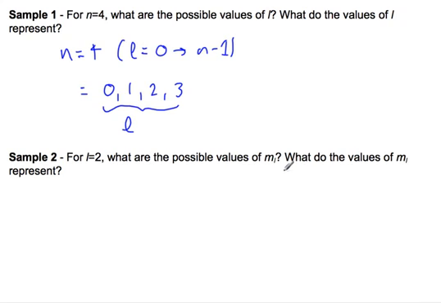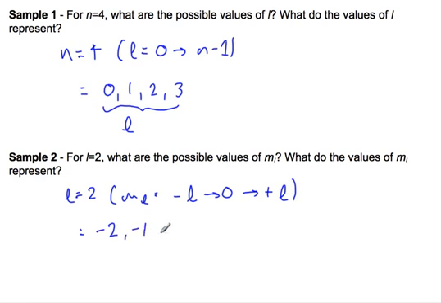For l equals 2, what are the possible values of ml? Well, again, l equals 2, ml equals negative l through 0 to positive l. And so that can be starting with negative 2, negative 1, 0, plus 1, and plus 2.